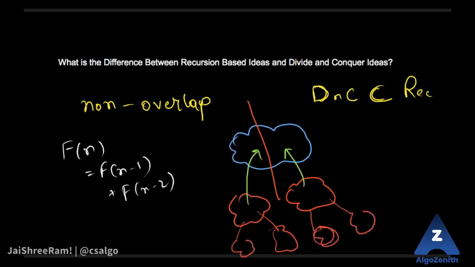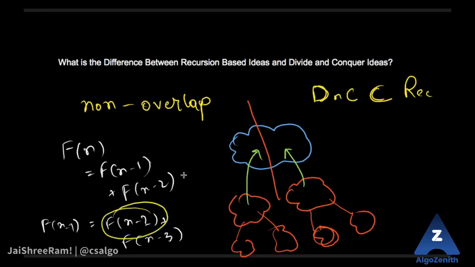In Fibonacci, if you write f of n minus 1, that is equal to Fibonacci of n minus 2 plus Fibonacci of n minus 3. And as you can see, these two subproblems actually overlap, because this will call something which is used by this, right? So these are overlapping subproblems, not non-overlapping.